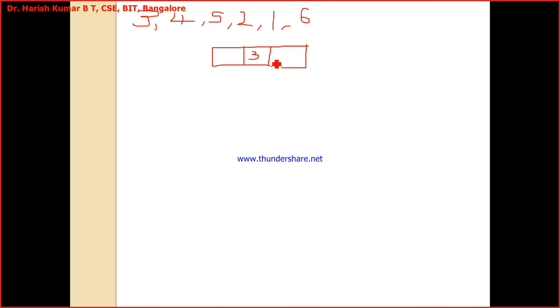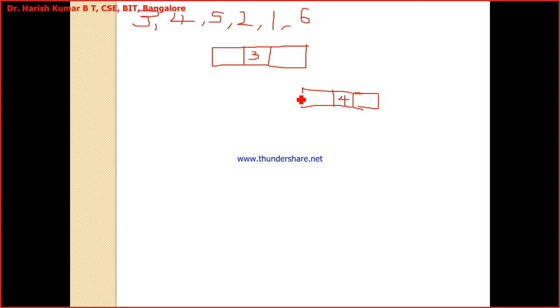Okay, I just compare that with 3. So since 4 is greater than 3, I create a right subtree for this node. Something like this, and 4 is inserted here.